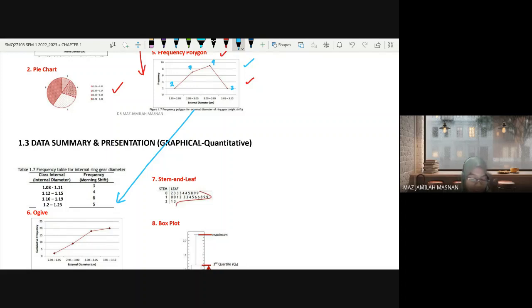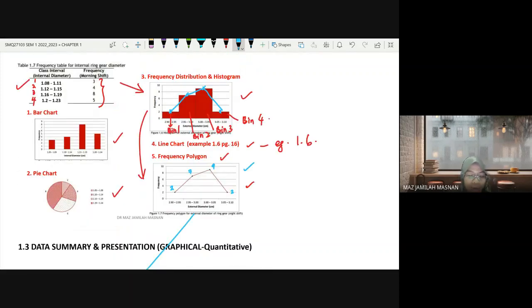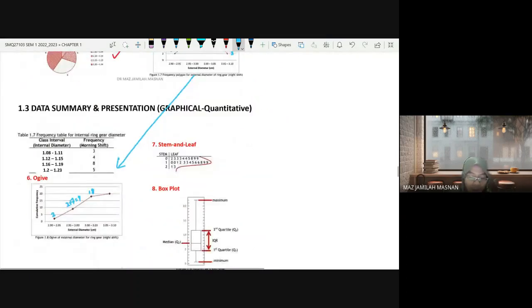The first bin remains 2, the second bin will be 2 plus 7, you will get 9, and the third bin will be 2 plus 7 plus 9, 9 plus 7 is 16 plus 2, 18. So here is 18. And the last one would be the summation of all the frequency, that will be 20.